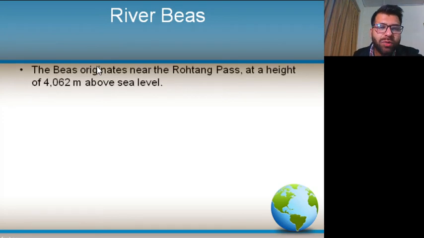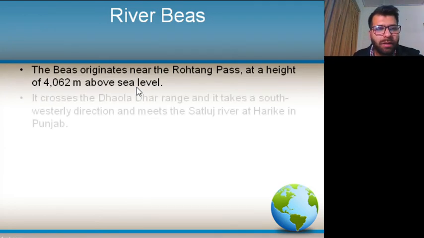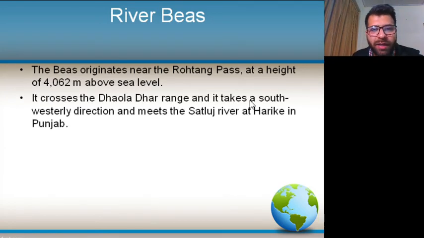The river Beas. The Beas originates near Rotang Pass at a height of 4,000 meters above mean sea level, and the origin point is very close to the origin point of river Ravi. It crosses the Dhauladhar range, takes the southwesterly direction and meets river Satluj at Harike Pattan, as it is called in Punjab.